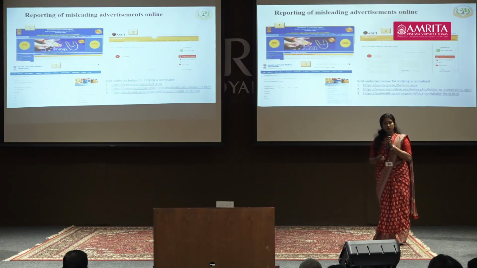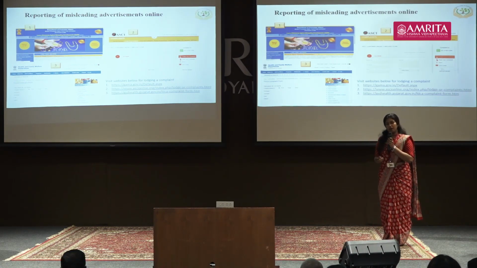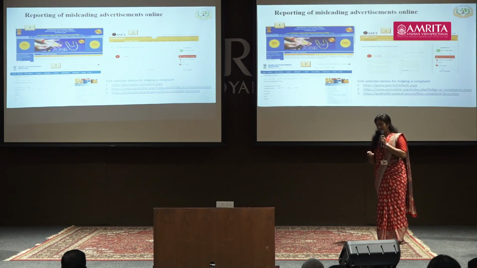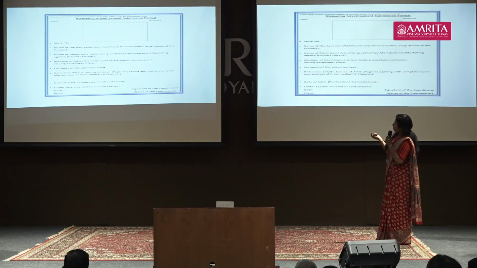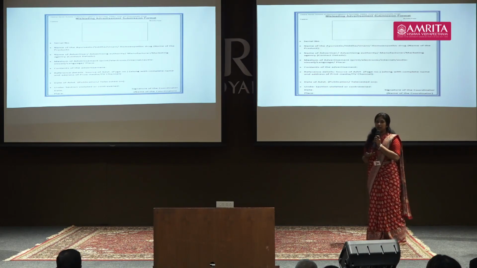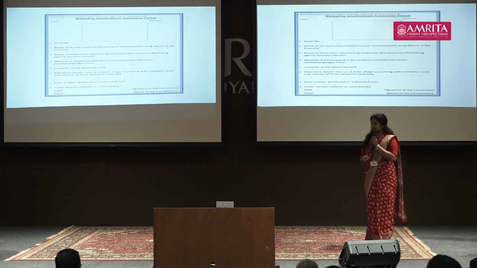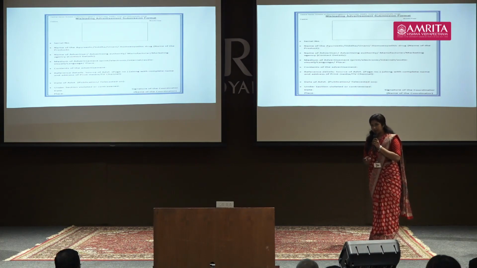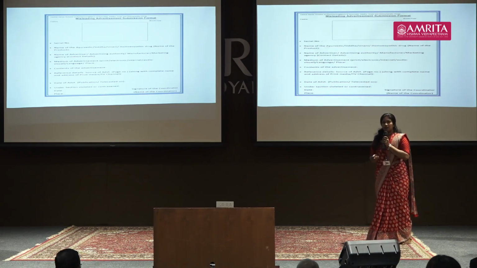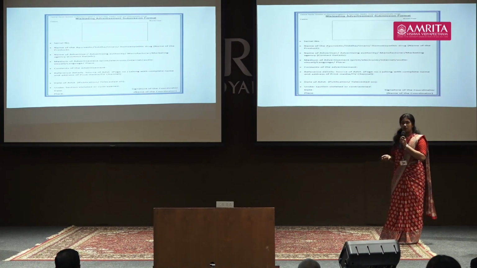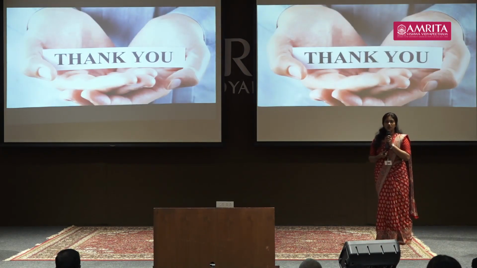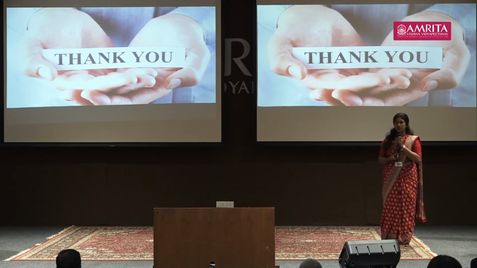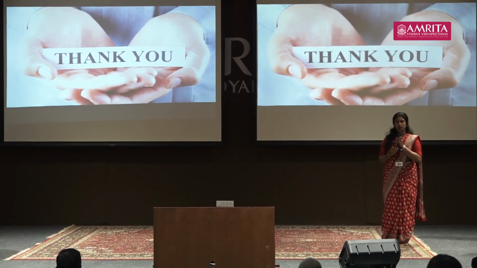Also, there is a provision to report misleading advertisements of any sort of herbs or herbal products. So this is the format in which we report misleading advertisements at our peripheral pharmacovigilance center. So that's it. This is a small introduction about the pharmacovigilance center. Thank you. If you have any doubts on reporting of adverse drug reactions or misleading advertisements, you can just ask.